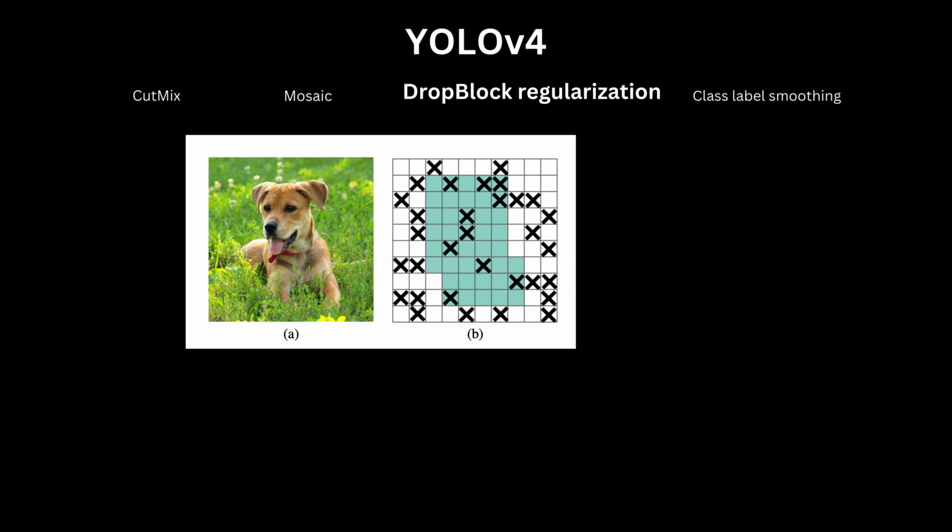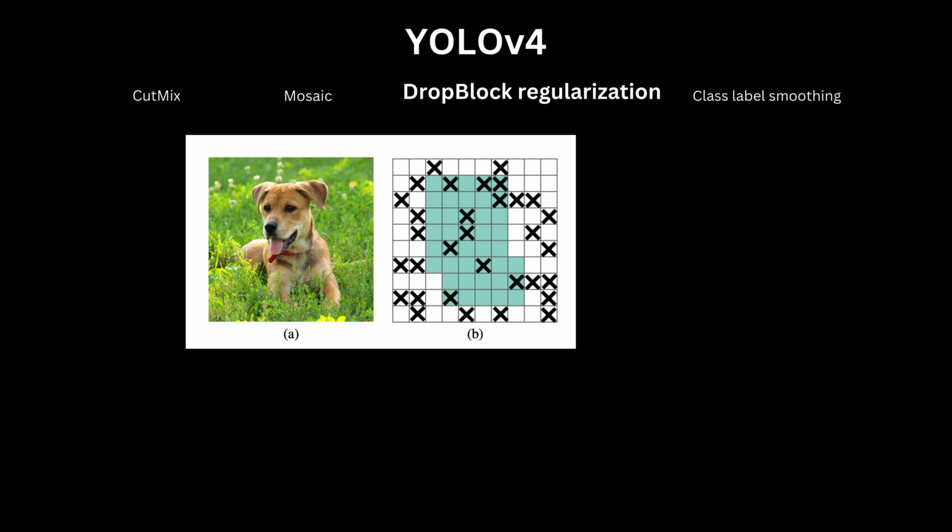So applying standard dropout will not really remove semantic information to act as a good regularization technique. Like here, even though we have used dropout, because the neighboring activations contain closely related information, most of the semantic information regarding the dog will still be present, or at least can be inferred from spatial neighbors.